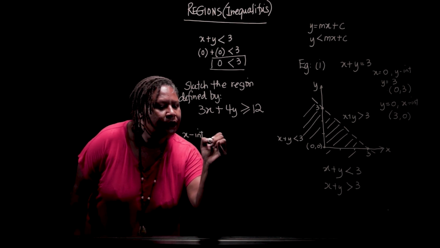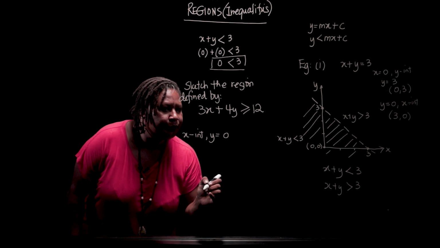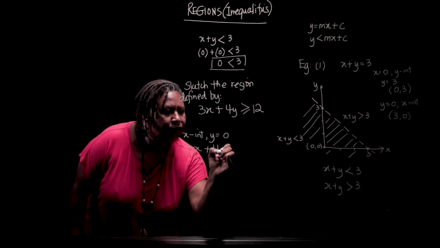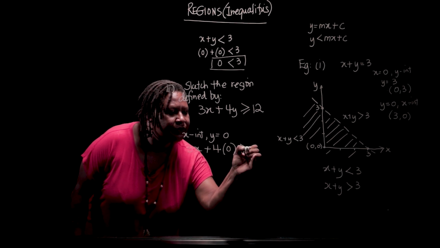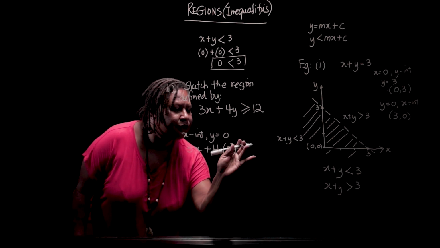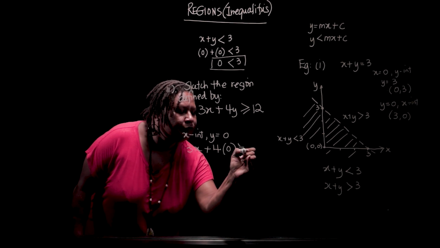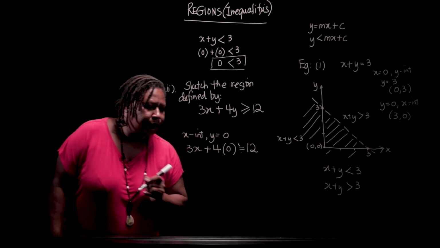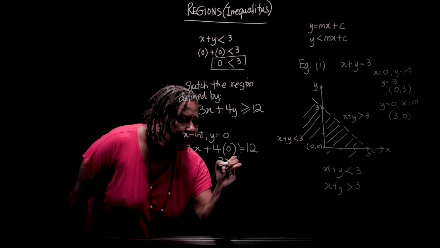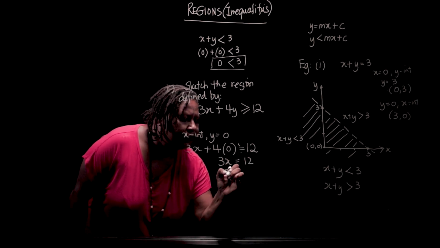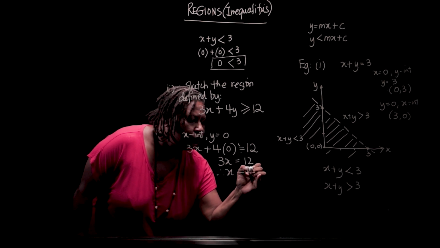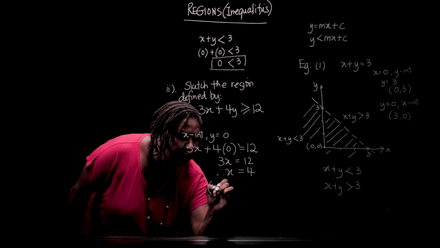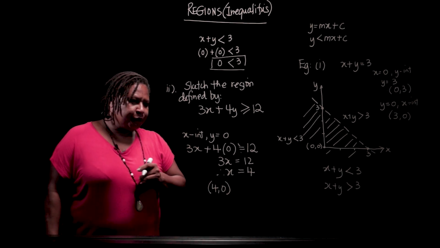Let's find the x-intercept. We make y equal to 0. So 3x plus 4 times 0 equal to 12, because we use the equation to find the intercepts. So we have 3x equal to 12. x is therefore equal to 4. So our x-intercept will be at the point 4, 0.